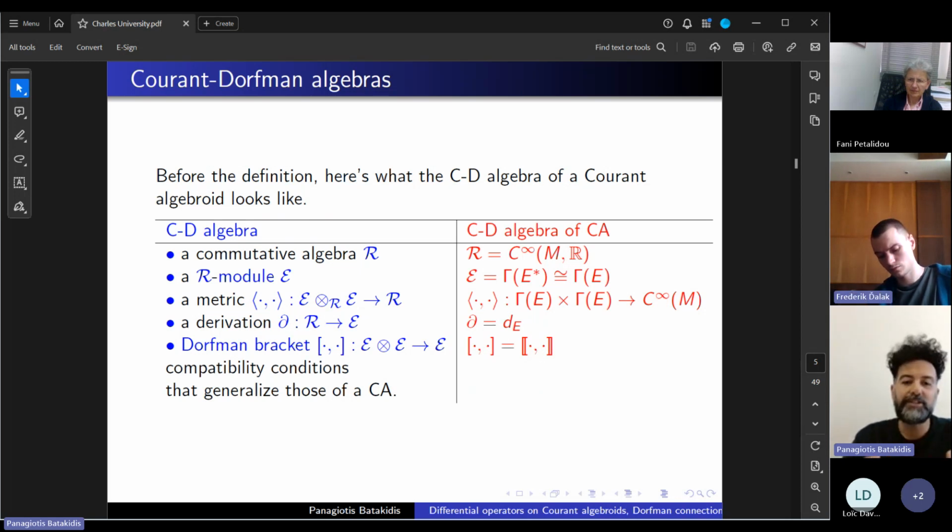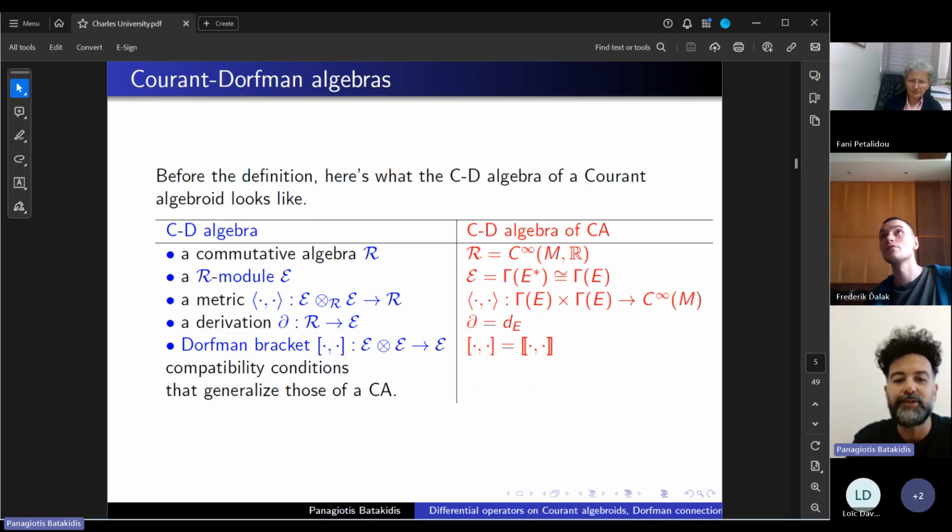And all these structures have to satisfy conditions that we more or less saw before in the definition of a Courant algebroid.